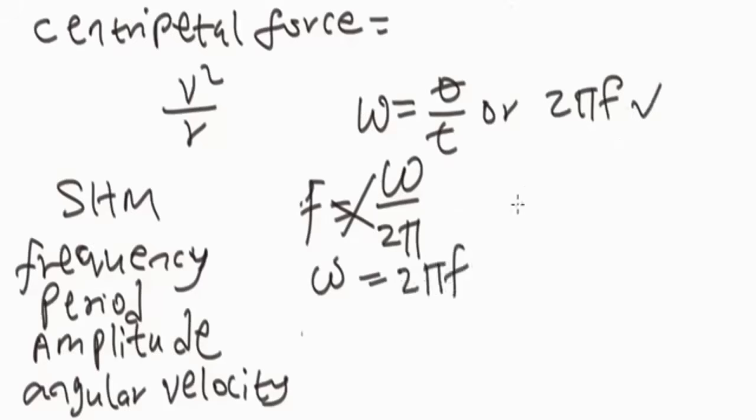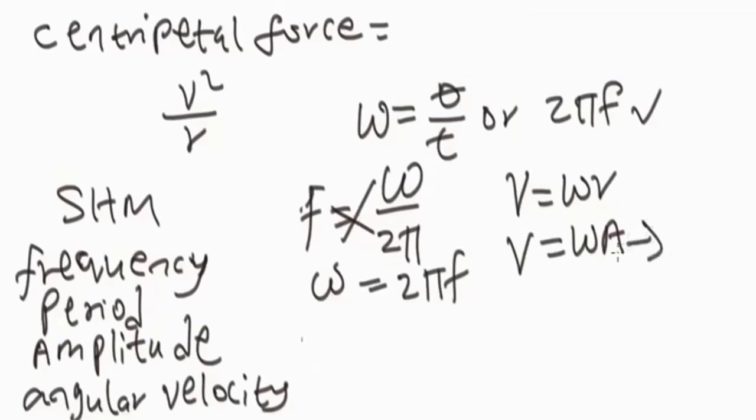Now note again that the relationship between angular velocity and linear velocity is expressed in this form: v equals w r, or v equals w A at maximum. So when the distance is at maximum, this A is the amplitude.